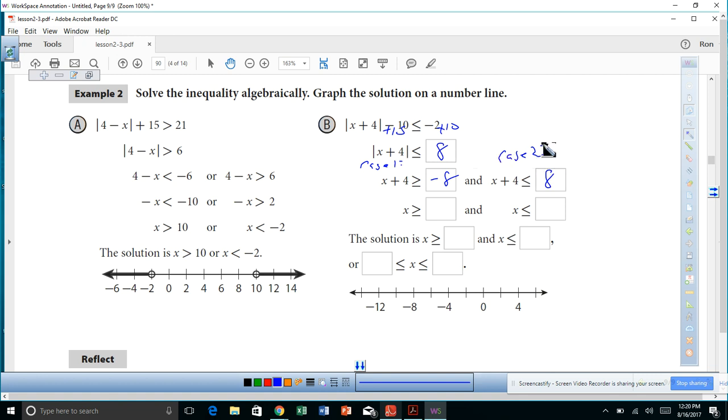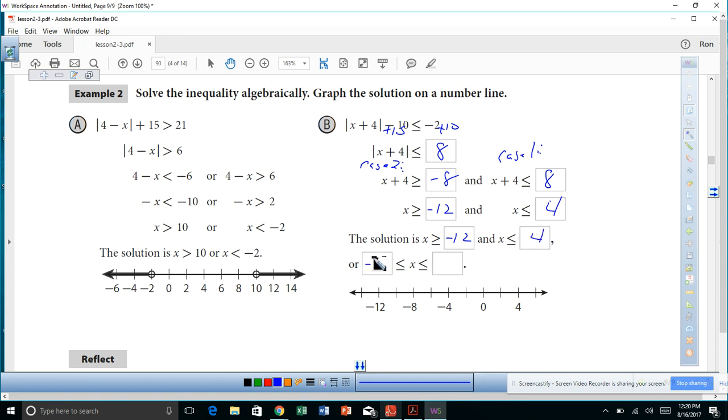So let's call this case 1. That's the way I always do it. And then case 2 is the opposite. All right, so subtract 4 from both sides. You got -12, subtract 4, and you got 4. So the solution is x is greater than or equal to -12, and x is less than or equal to 4.